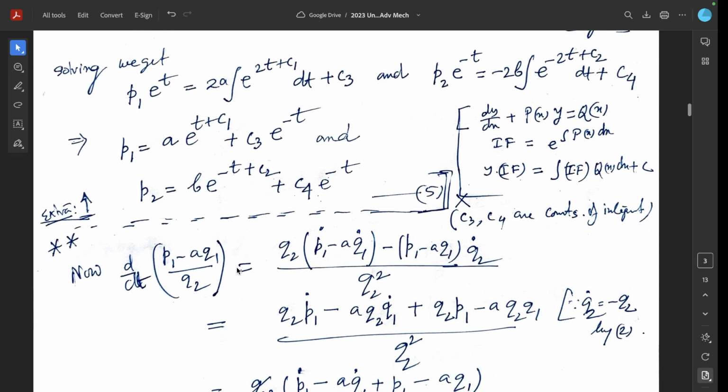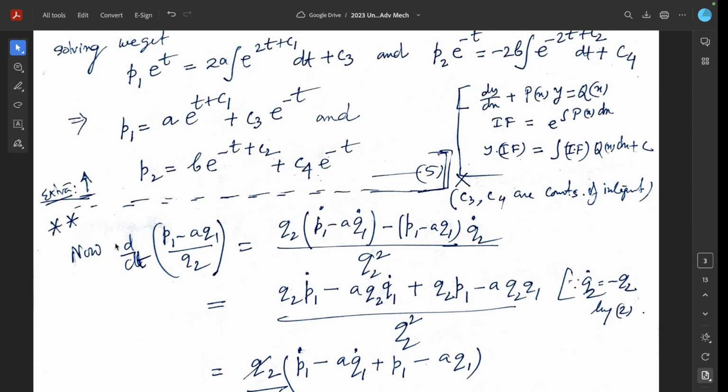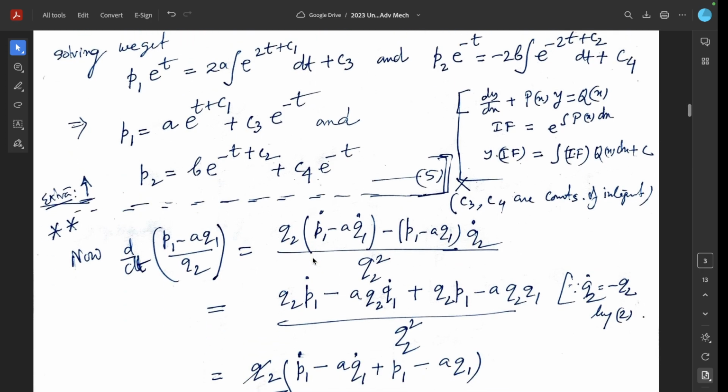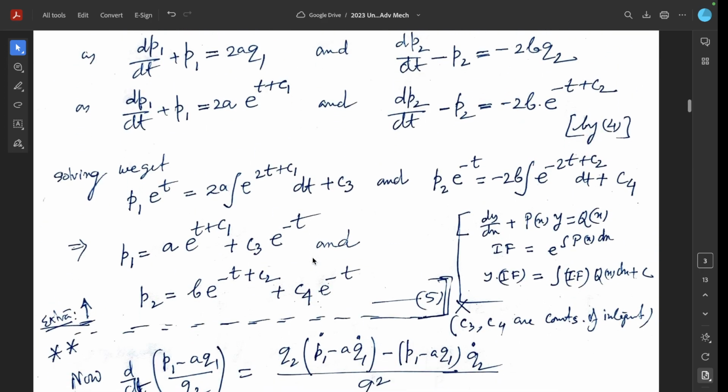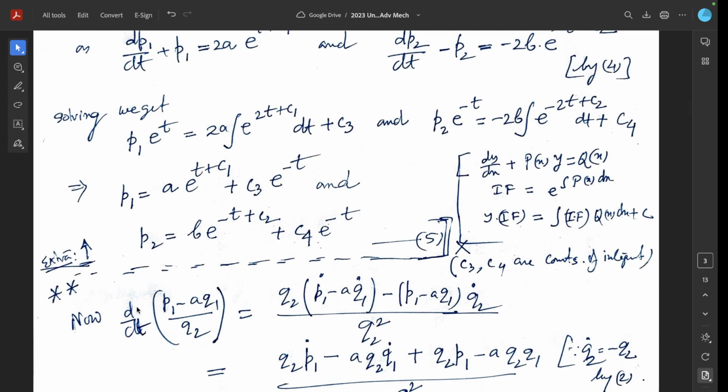Now in the given question, we have to show that (P1 minus a Q1) by Q2 is a constant of motion. So d/dt of this: using the quotient rule, denominator into numerator derivative minus numerator into denominator derivative, over denominator square.